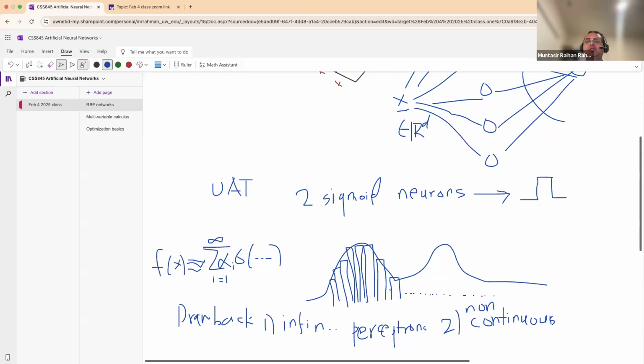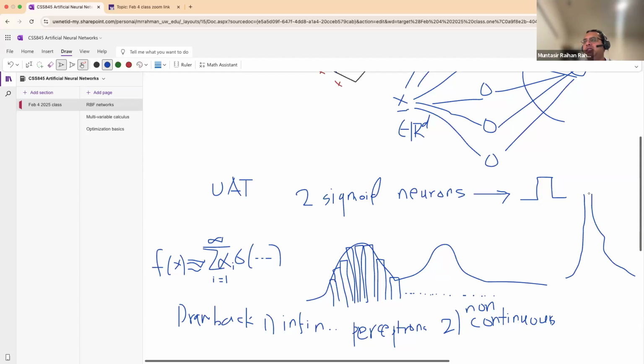If it's non-continuous, even though the sigmoid is a continuous function, remember that we are approximating these with discrete pulses. So the problem might happen if you have something like this: a function that goes to infinity here and goes back to infinity here.